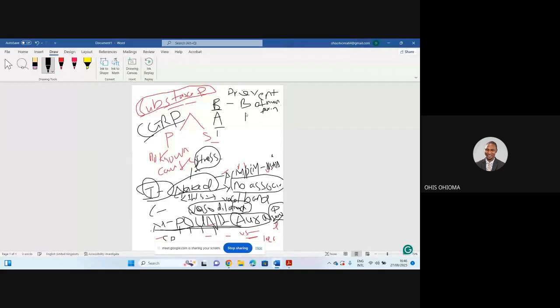So beta blockers can also be used. If you want to prevent recurrent attacks of migraine, these are the drugs you're going to use. The B stands for botulinum toxin and beta blockers. And then the A stands for amitriptyline.